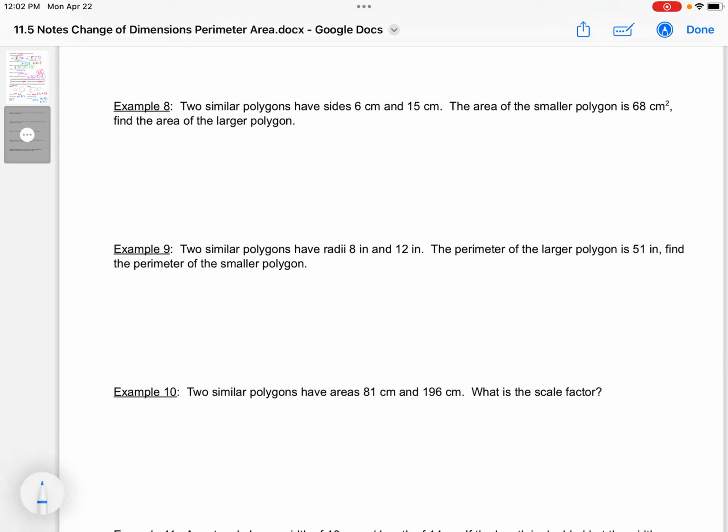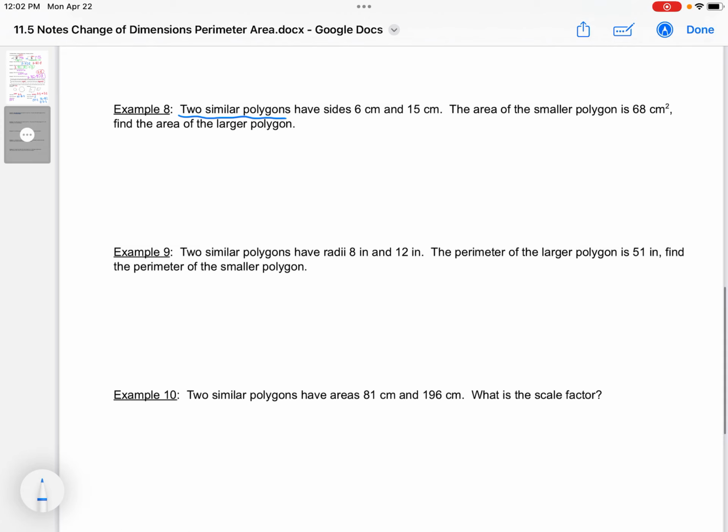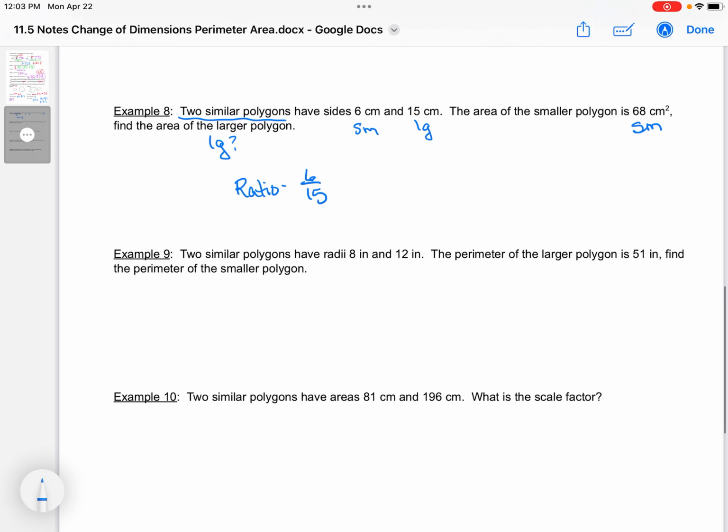Okay, so now we have some word problems. We're just going to remember that we have similar polygons. So this would be small, and this would be large. So this is small, and we're looking for a large. All right, so we have 6 over 15 is the ratio, which simplifies to 2 over 5.